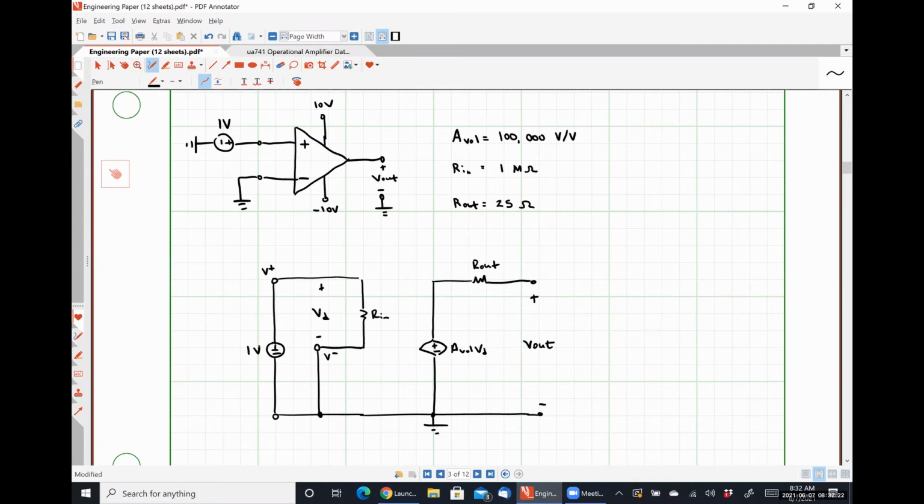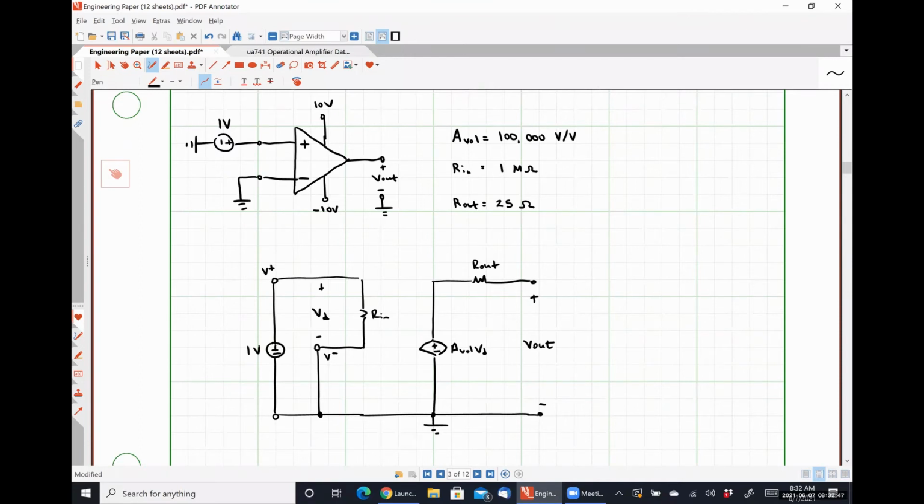Feedback will slightly complicate things, but not too terribly much. All right, so what is our expected output voltage based on this model? Any thoughts? So VD is 1 volt.